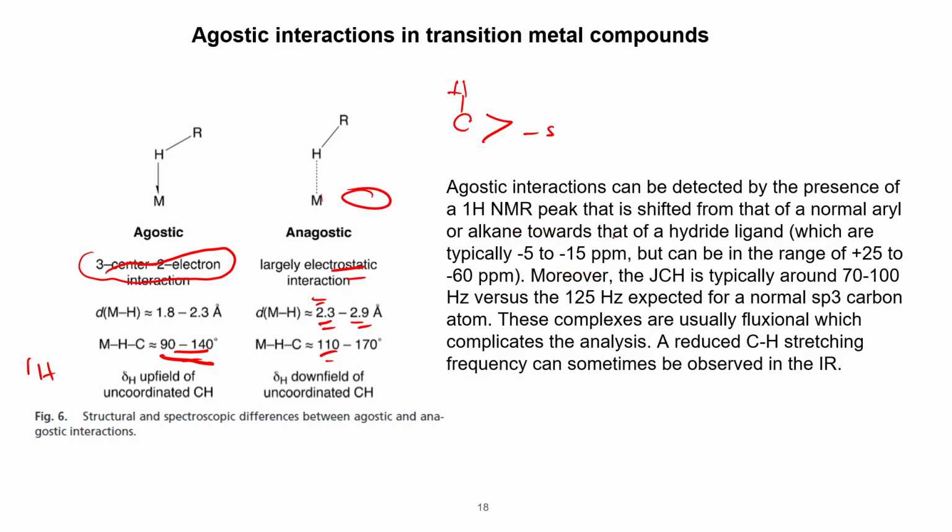So that's what they have given here: agostic interaction can be detected by the presence of a proton NMR peak that is shifted from the normal aryl or alkane, that of a hydride ligand group. If they shift in that upfield region, like minus 5 to minus 50 ppm, in this particular range, then we can say agostic.